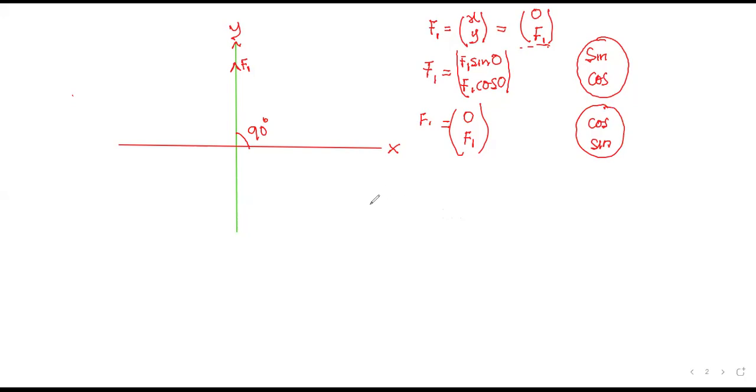It means this F1 can also be F1 times cos of 90, then F1 times sine of 90 as a component. Cos 90 is 0. 0 times F1 is 0. Sine 90 is 1. 1 times F1, F1. So whichever way you look at it, the value is still the same. Giovanni, that's your explanation.